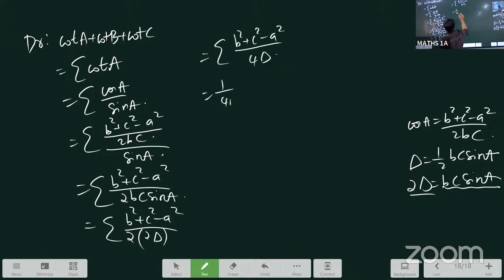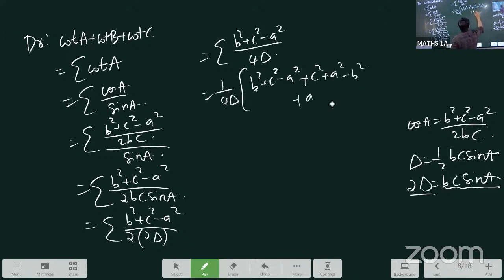Now 1 by 4 delta is right outside the summation. Please expand the summation. B square plus C square minus A square is the first term. Plus C square plus A square minus B square, second term.